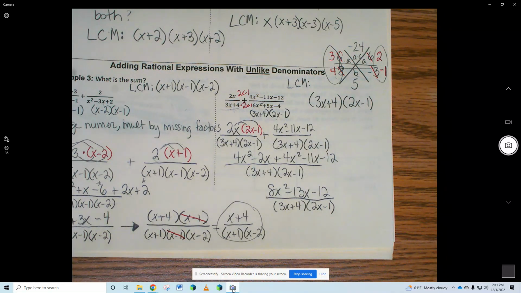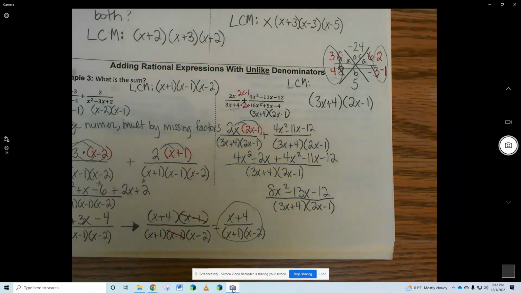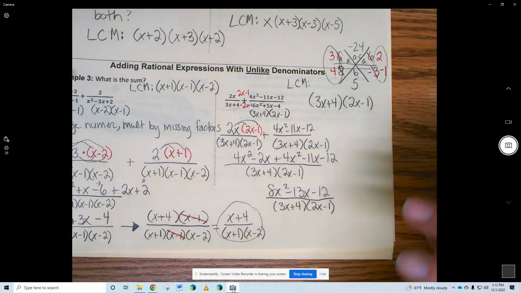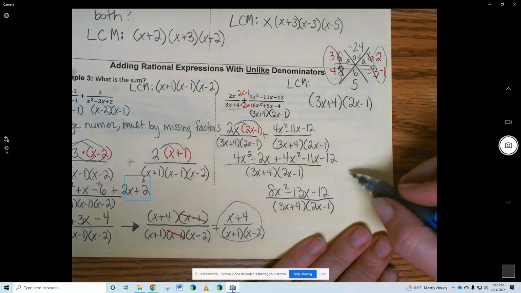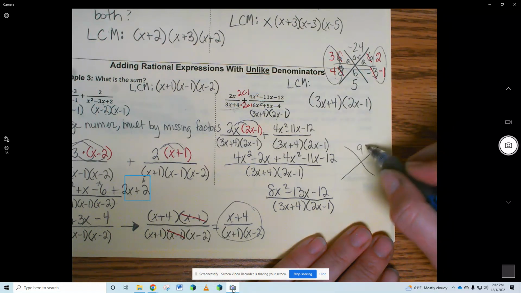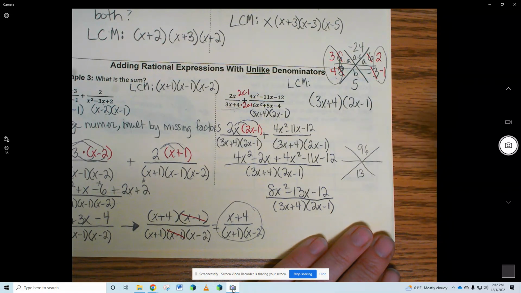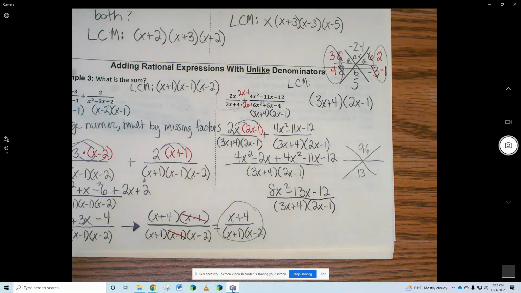I have to try and factor the top because maybe I can cross something out, you know? So, multiplying to make 96 and 13. If I use this method, 96 and 13. 96 is 32 times 3. That doesn't make a 13. 96 divided by 16?